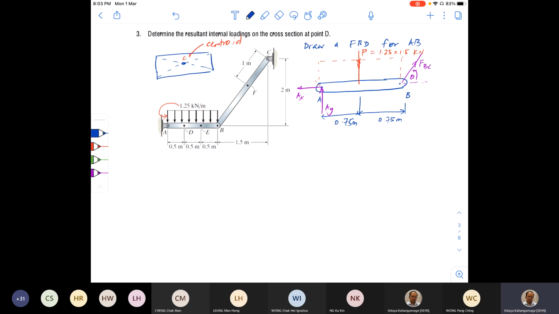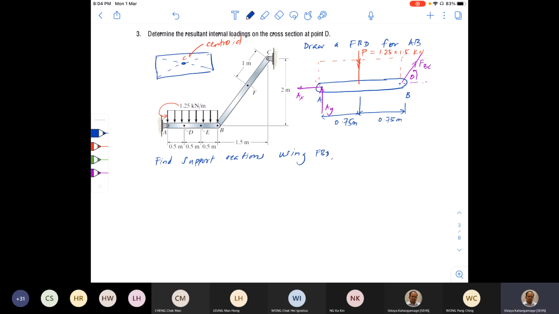Now to find out the internal force at D, we need the reaction forces first. So we'll find the support reactions using this free body diagram.